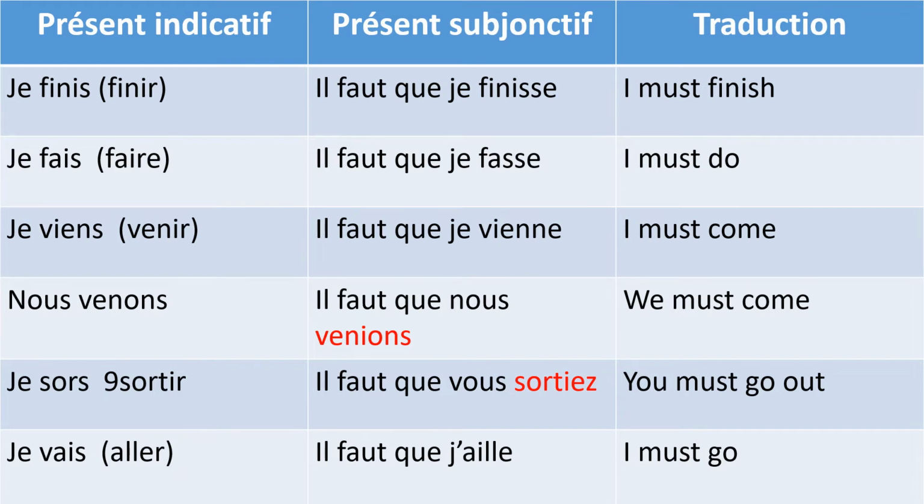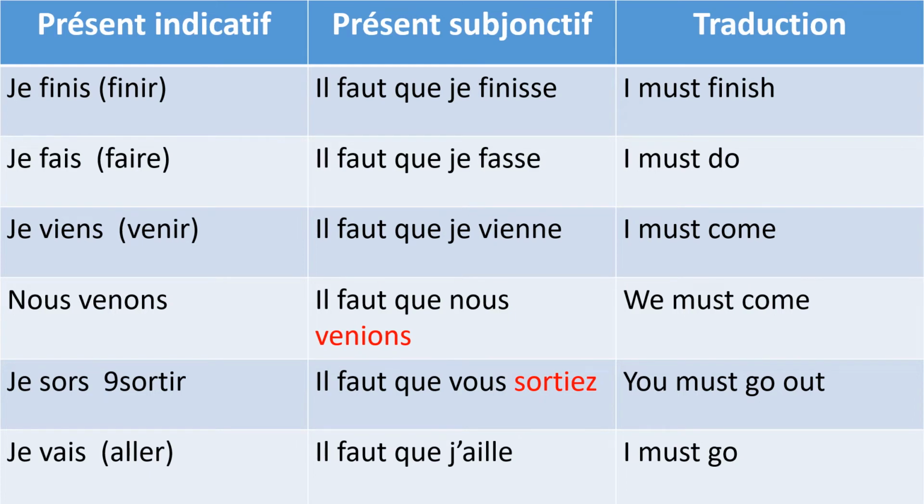You would say, il faut que vous sortiez. You must go out. All right? Now, if you wanted to say, I must go out, you would say, il faut que je sorte. Il faut que tu sortes. Il faut qu'il sorte. Il faut que nous sortions. Il faut que vous sortiez. Il faut qu'ils sortent, with an ENT at the end.